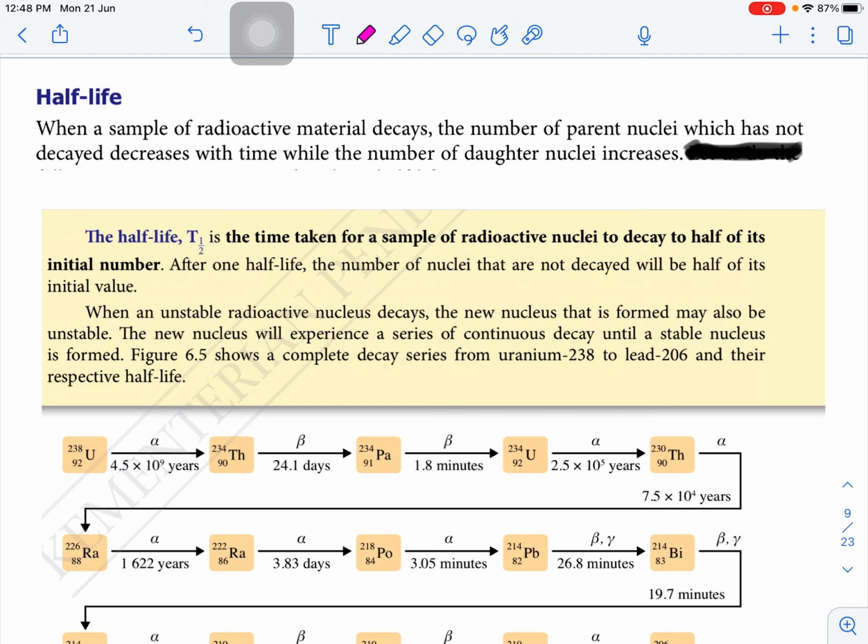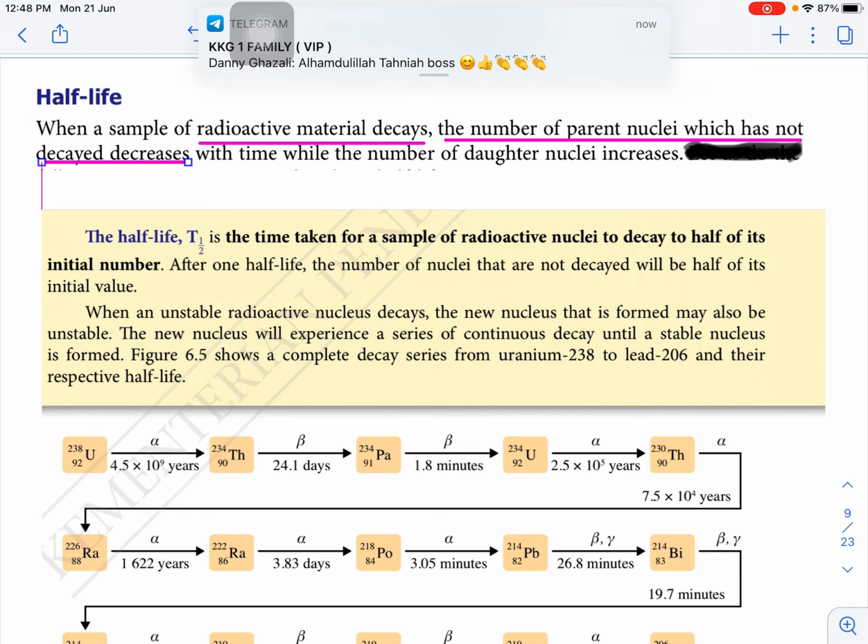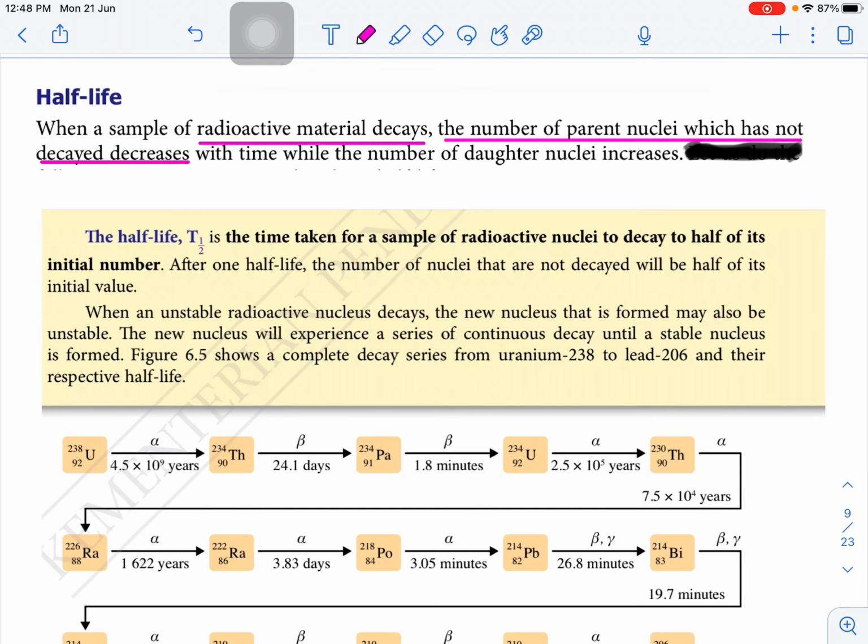So for today, we continue with half-life. For a radioactive element, when it emits radioactive emission, it has a half-life. When a sample of radioactive material decays, the number of parent nuclei which has not decayed will decrease, and the number of daughter nuclei will increase.